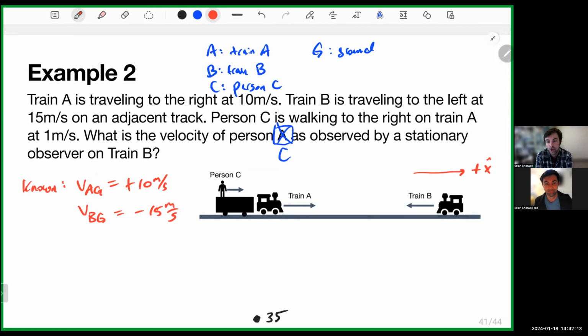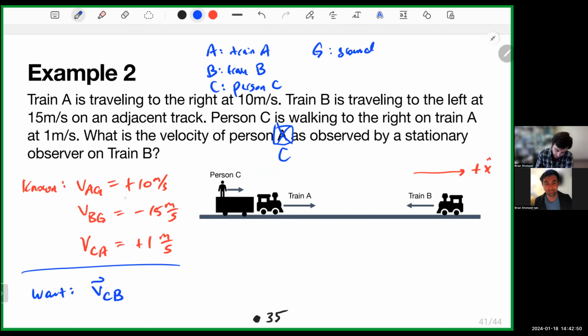So the person can walk at a certain speed relative to the ground underneath them, but they're on top of train A. So they're walking at 1 meter per second relative to train A. The velocity of person C relative to train A is positive 1 meter per second. And what we're trying to solve for, what we want, is the velocity of person C as observed by a stationary observer on train B. Okay.